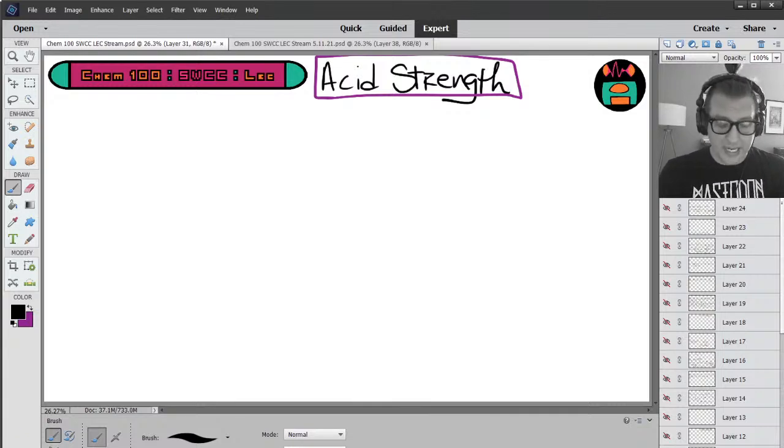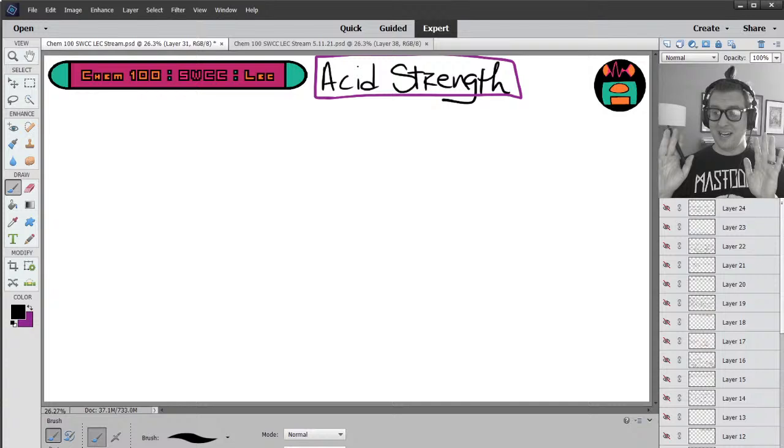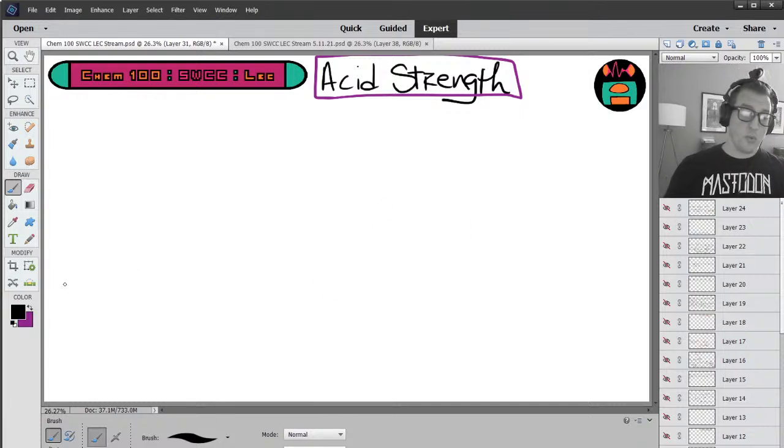And we have ways of rating how strong an acid is. They all come from the equilibrium for the reversible reaction when a generic acid reacts with water.